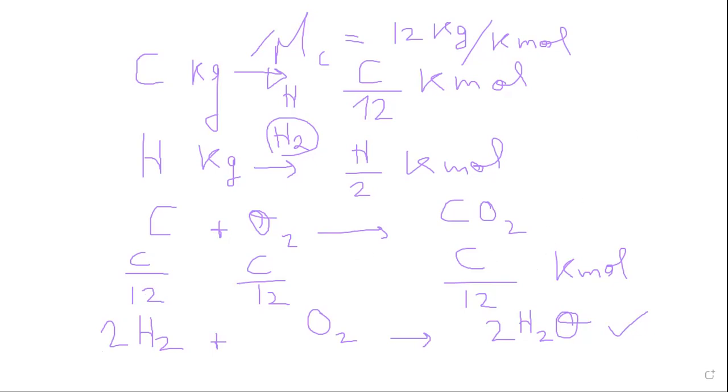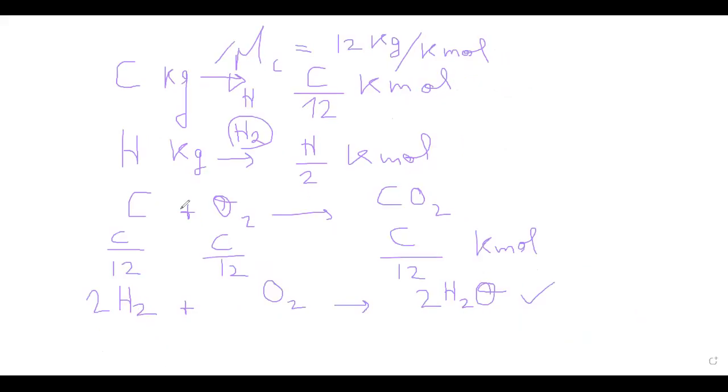So now what can we deduce? You can say that since I have H over 2 kilomole of H2, from this relation, I can deduce that the number of kilomole of O2 is the number of kilomole of H2 over 2.